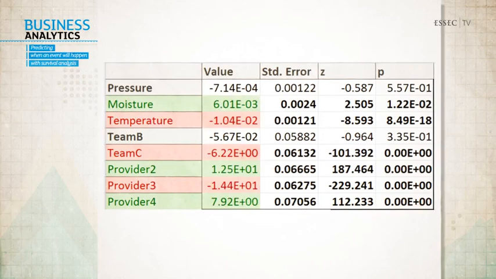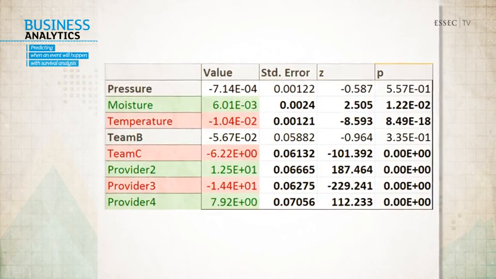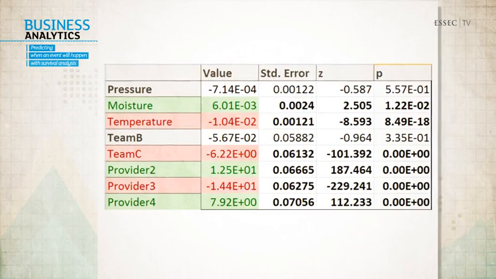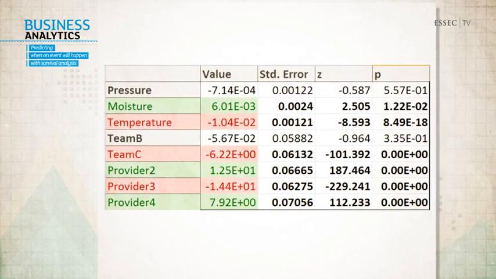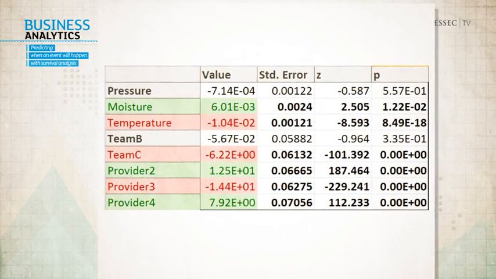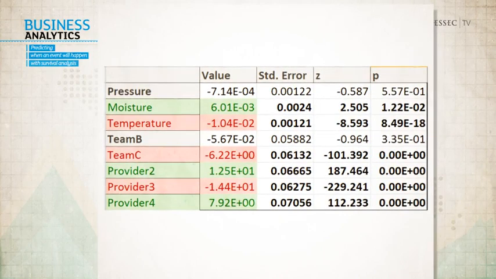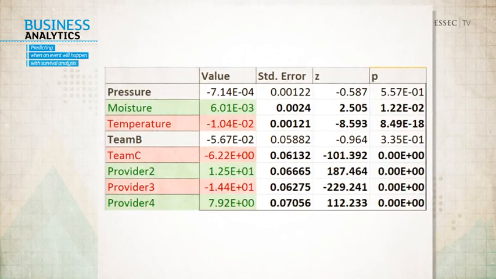We then look at the sign of the estimates in order to assess whether the effect is positive or negative for the expected lifetime. Positive means that the factor increases the chance of survival, and negative means the opposite. We see that moisture has, on average, a positive effect on the lifetime, and that, everything else being equal, the units provided by providers 2 and 4 have a better expected lifetime than the others.